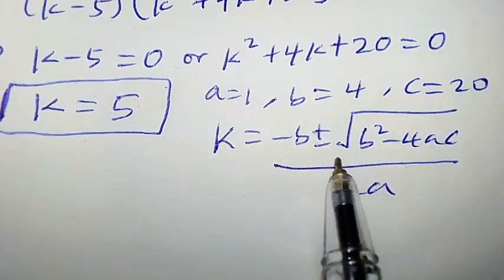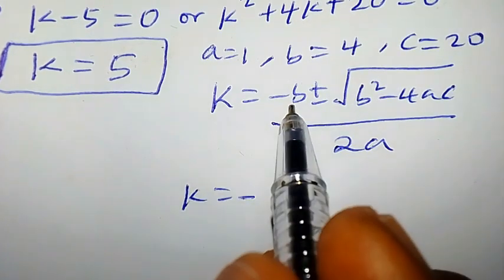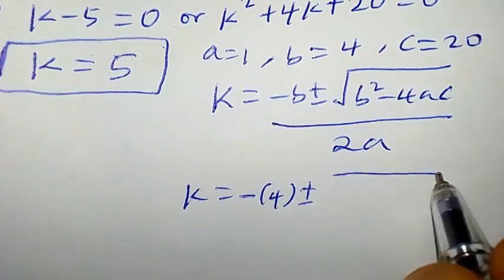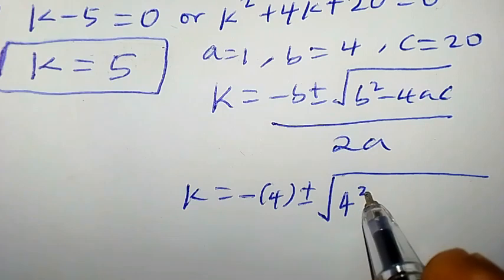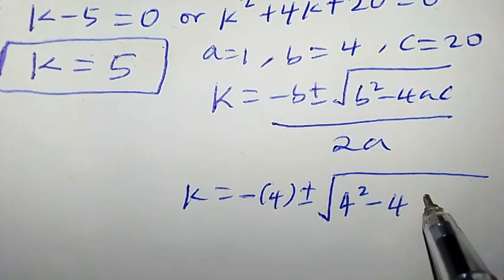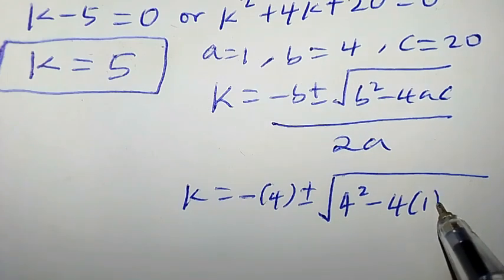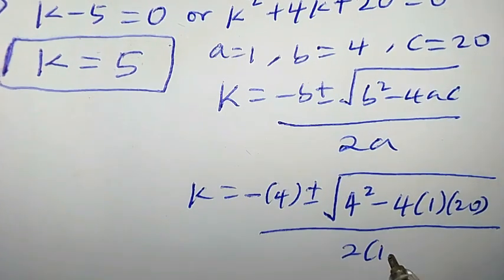Substituting these values, we have k equal to minus, what is b? B is 4, plus or minus square root of 4 to the power of 2 minus 4 times a is 1 and c is 20, times 1 times 20, all over 2 times 1.